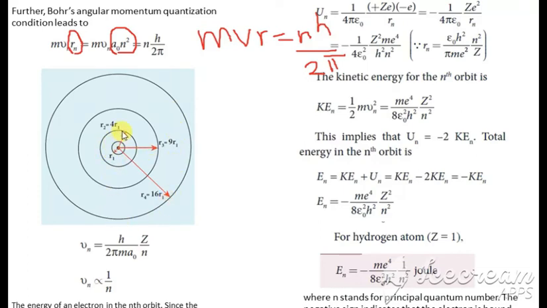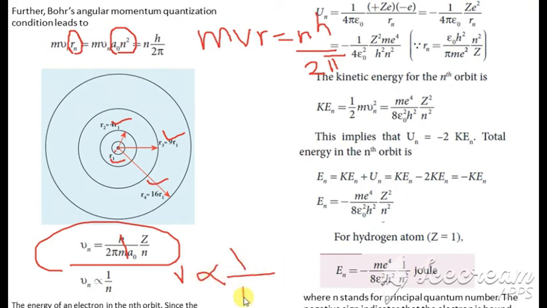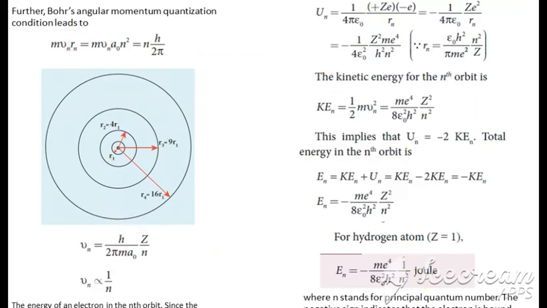So these are the different values of the radius when you are considering r1, r2, r3 and r4, etc. And when you write the value of Vn from the earlier equation, all these are constant, and Z is equal to 1. If you substitute we get Vn is inversely proportional to n, and so as the number of the orbit increases, the velocity decreases. And we are going to find the energy.